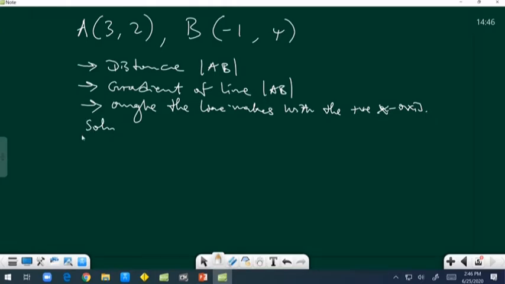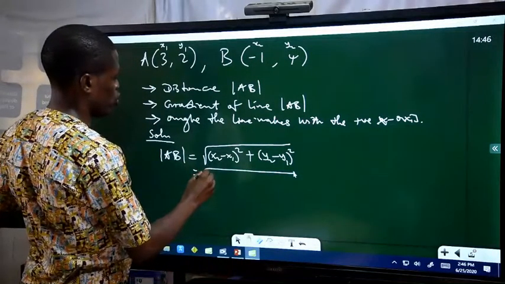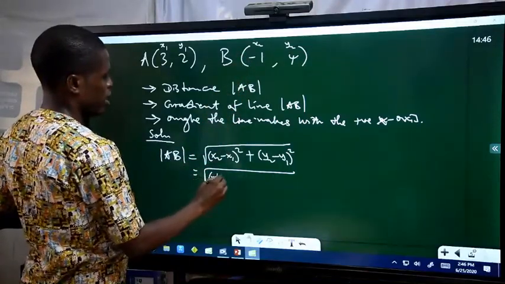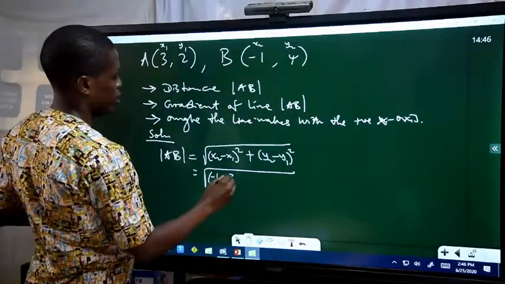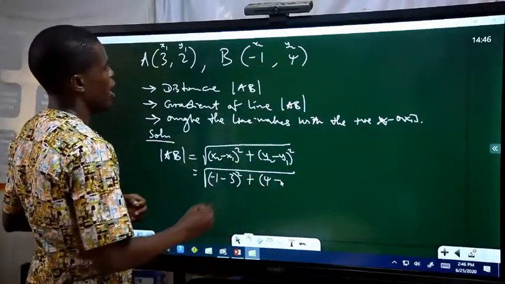So how do we do that? We're given the points (3, 2) and (minus 1, 4). The distance AB is the square root of x2 minus x1 all squared, plus y2 minus y1 all squared. Here we identify x1, y1 as (3, 2) and x2, y2 as (minus 1, 4). So x2 is minus 1, x1 is 3, all squared, plus y2 is 4 and y1 is 2.